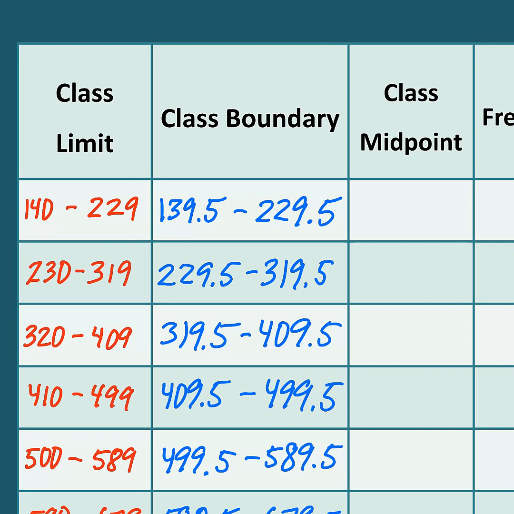So simply what I do is I add 140 plus 229, divide that by 2, and you end up with 184.5. Next, we add 230 plus 313, divide those by 2 to give us 274.5.